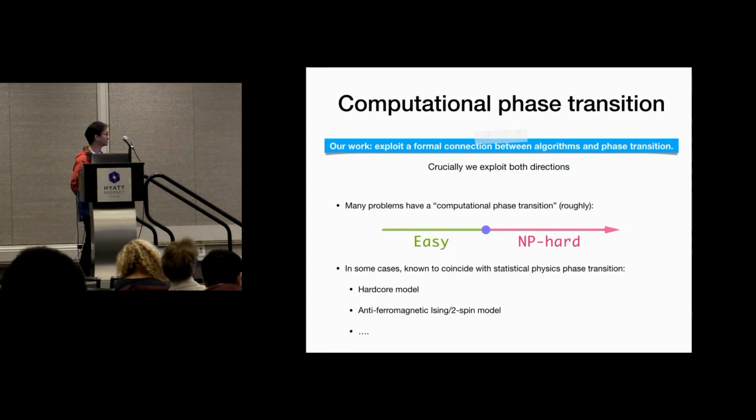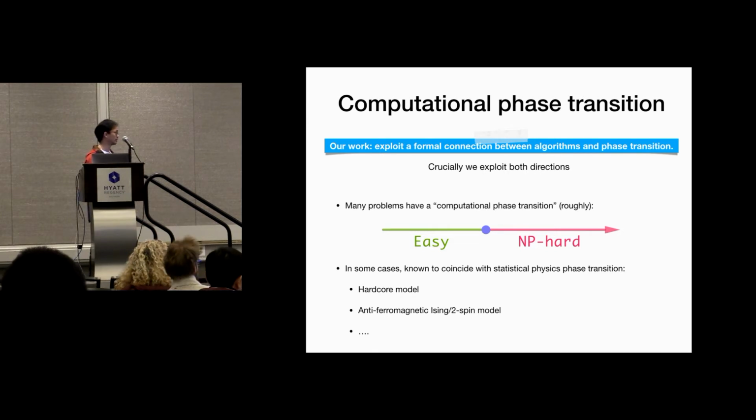So what's the technique that we use? We will use a formal connection between algorithms and phase transition. And crucially in our work, we need to exploit both directions. It's not just one direction. So what is this phase transition? I guess many of you have seen that there are many problems that exhibit a computational phase transition.